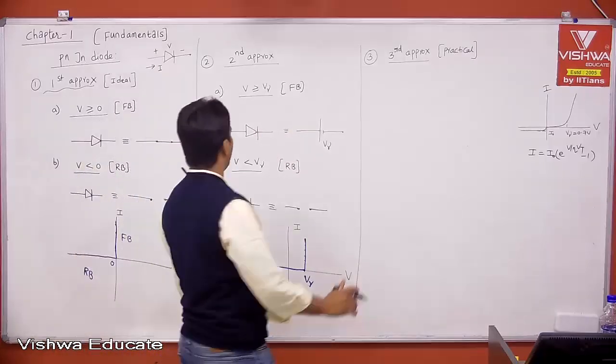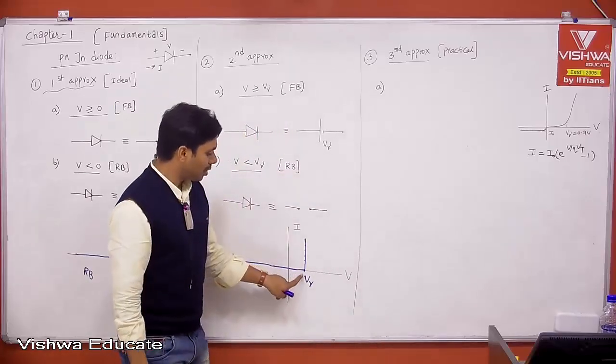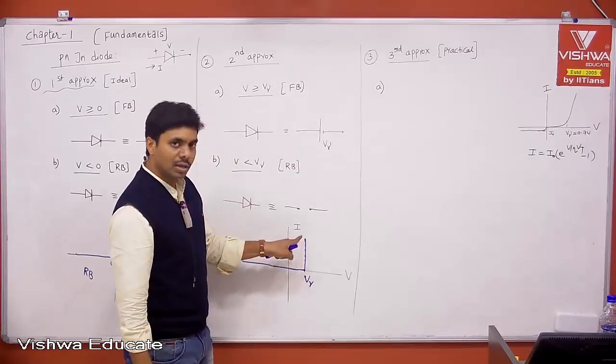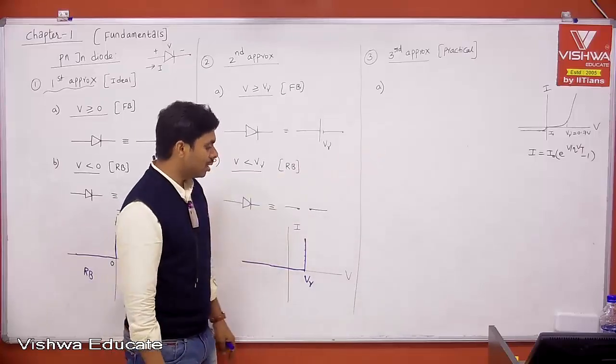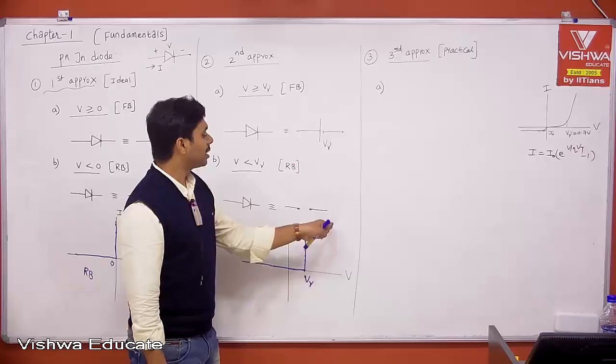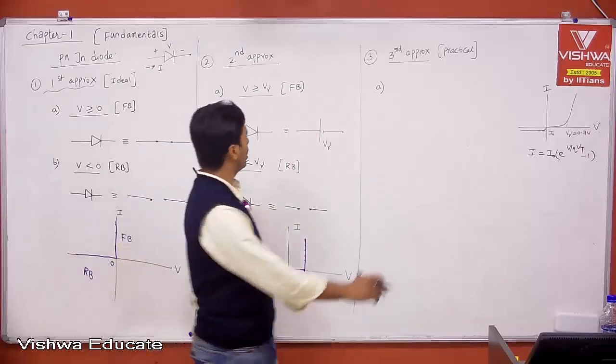Now, in this case, what is incorporated? I am saying that the voltage across the PN junction diode is V gamma, but it can support any current, right? But to match the exact relationship, people took that the voltage across the PN junction diode also will be increasing and the current also will increase linearly after V gamma. That is what is incorporated.